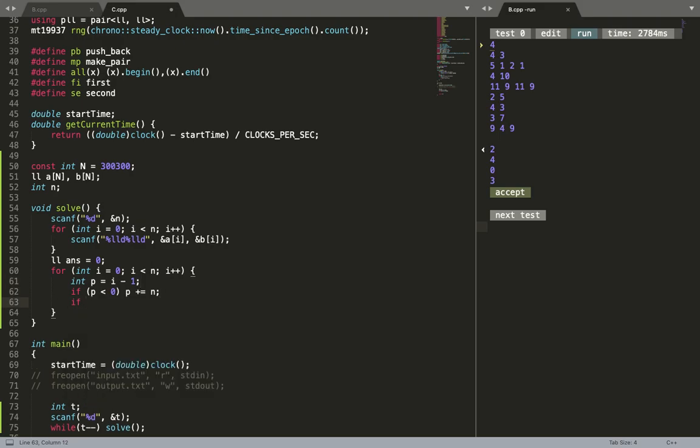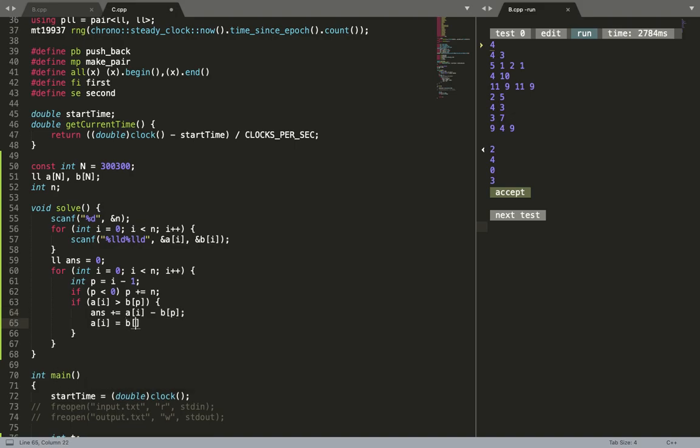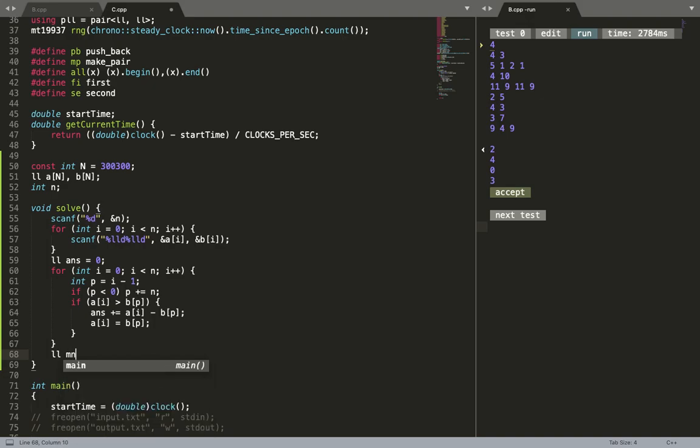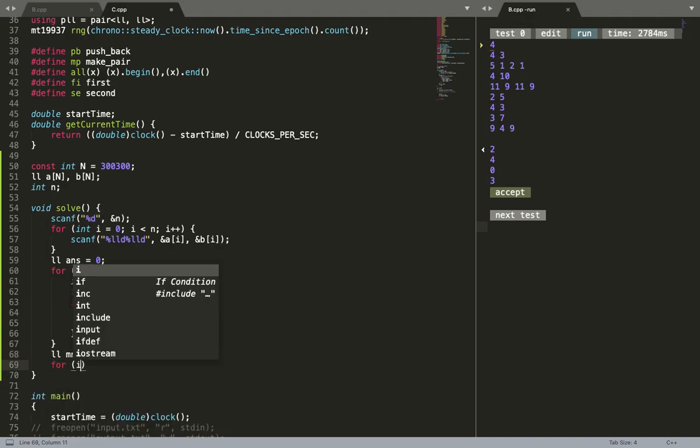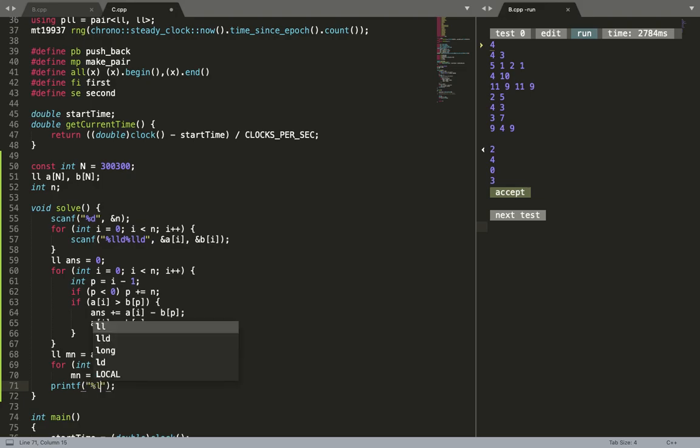And if our health is strictly bigger than the damage of explosion of the previous one, we will add the difference to the answer and say that our new amount of health is exactly the damage of explosion. And now just calculate the minimum of all the health and print the answer.